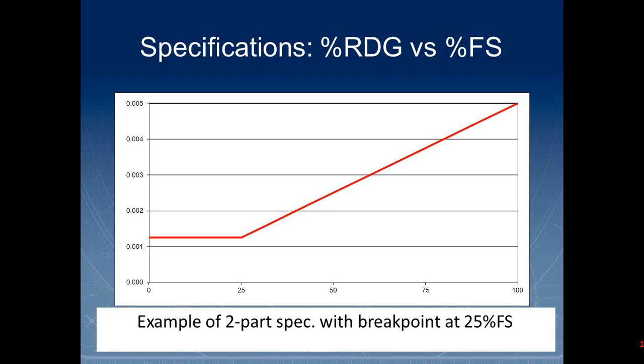In some cases, the specification will be either or, for example, 0.005% of reading or 0.003% of full scale, whichever is greater. In other cases, it will be the sum of the proportional term and a floor value, which kind of gives it a little bit of a smooth curve in this region around, as shown in the graph here at 25%.